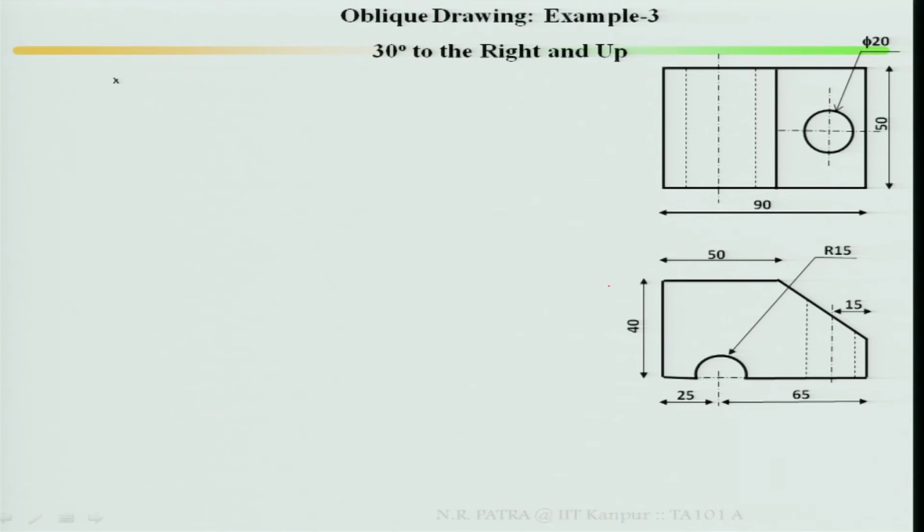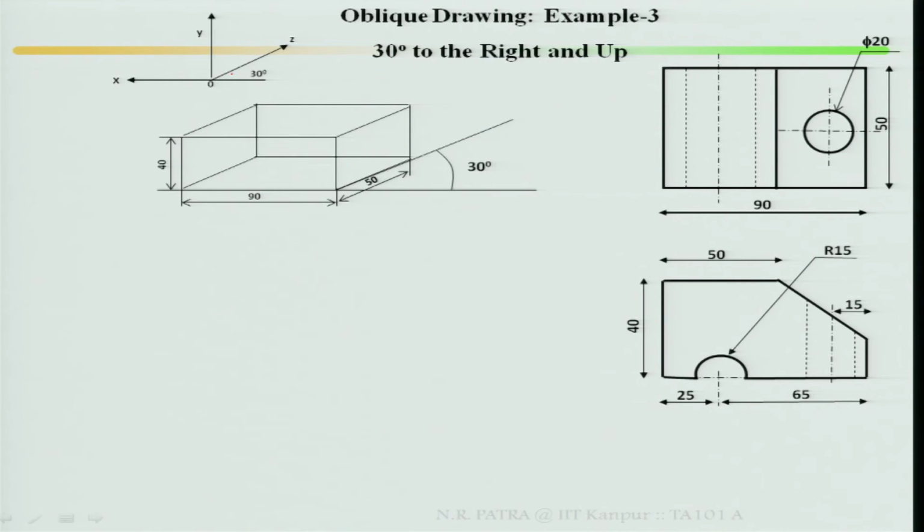Then you start, 30 degree to the right and up. If I am taking x and y, this is my reference point, 30 degree to the right from here, to the right-hand side and up, in the depth direction. This is how it looks.